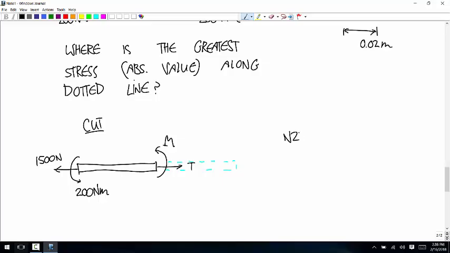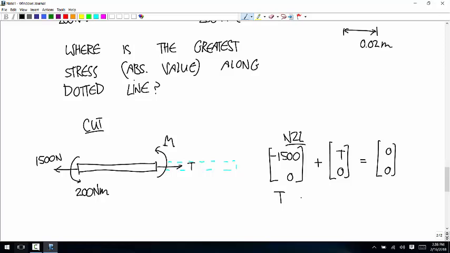So Newton's second law says negative 1500, 0, plus T, 0 is equal to zeros. So T is 1500 newtons. So the internal tension at the right end of our cut is positive 1500. So it's in tension at that point.